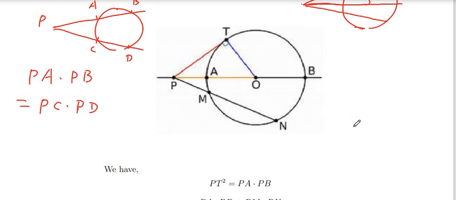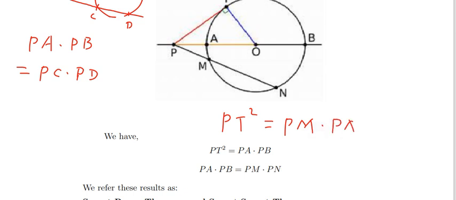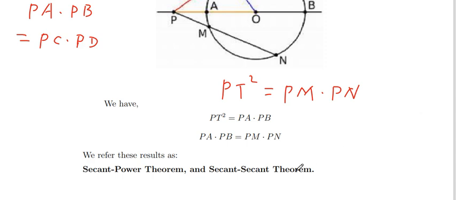PT square equals PA times PB. We call this the second theorem.